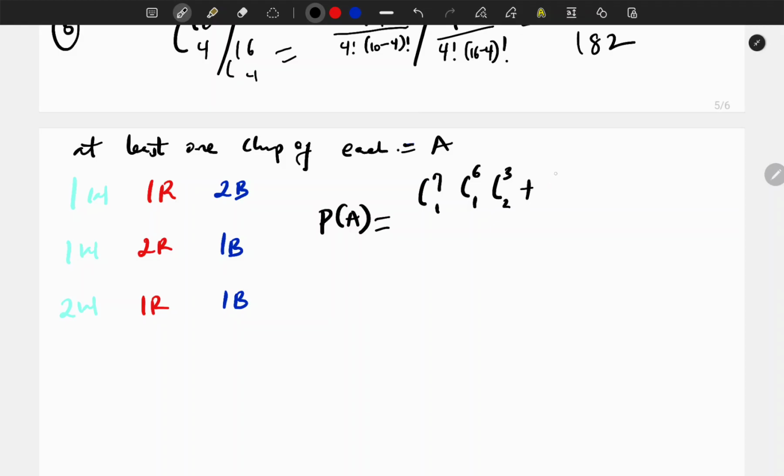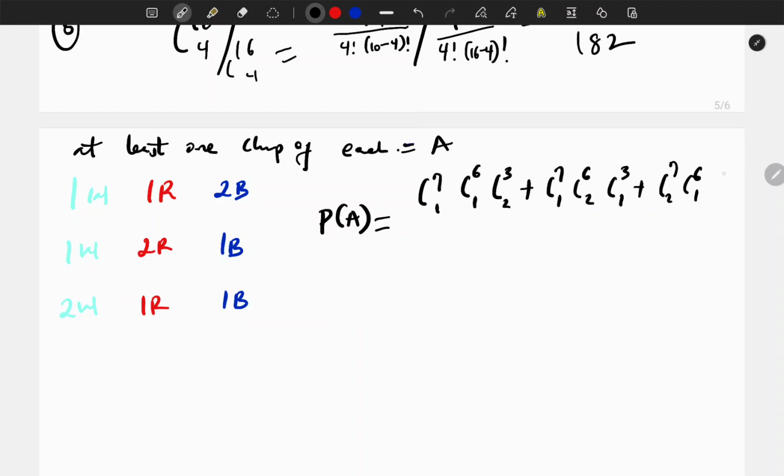Or 1 white, 7 pick 1, 2 red, 6 pick 2, 1 blue, 3 pick 1, or 2 white, 7 pick 2, 6 red pick 1, and how many blues?